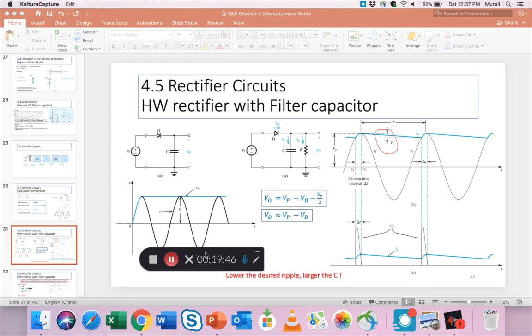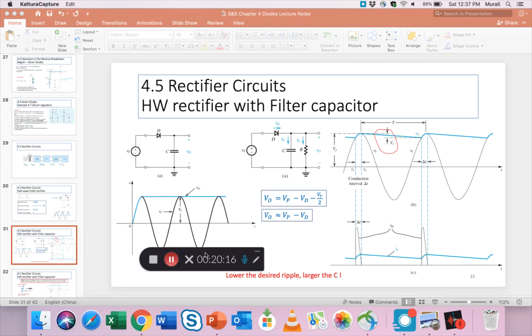If the capacitor is large enough, it doesn't discharge too much in any given cycle. It discharges a little, but then it catches the rising waveform again. How much it discharges is shown by that VR that I circled in red, and that peak to peak voltage is called the ripple voltage, or VR.